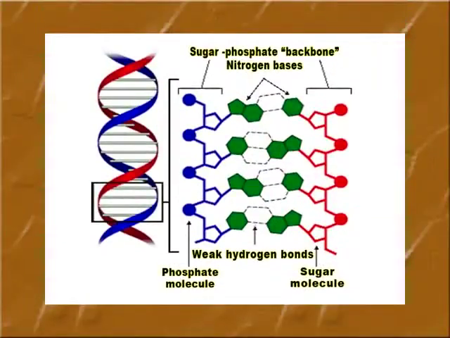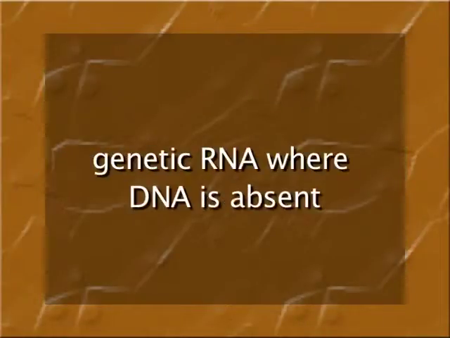As you already know, biosynthesis of proteins is under direct control of DNA in most cases, or else under the control of genetic RNA, where DNA is absent. Information for the structure of a polypeptide is stored in a polynucleotide chain.